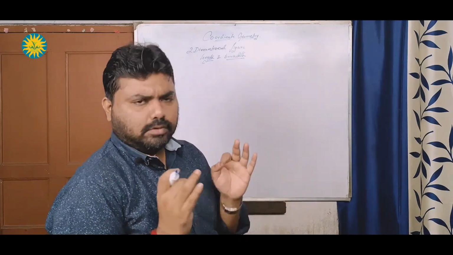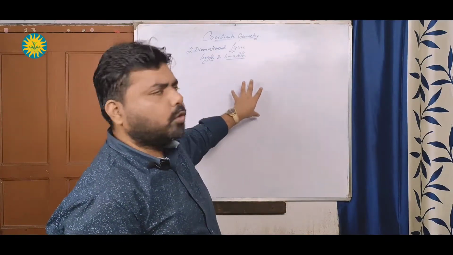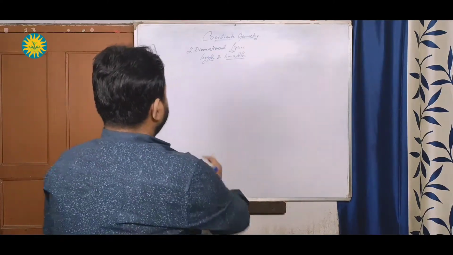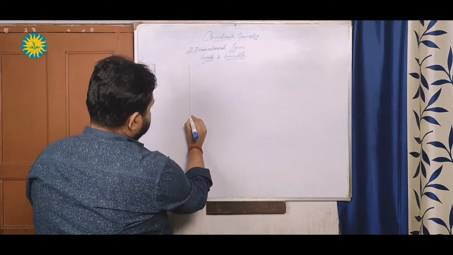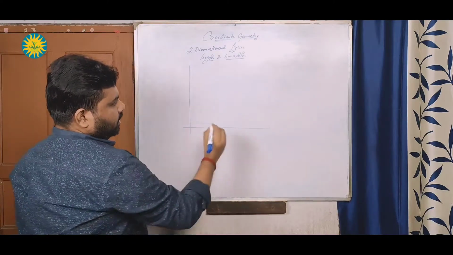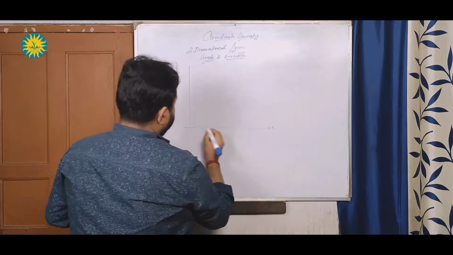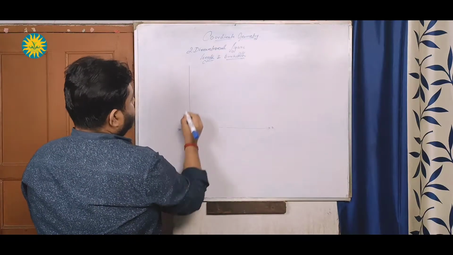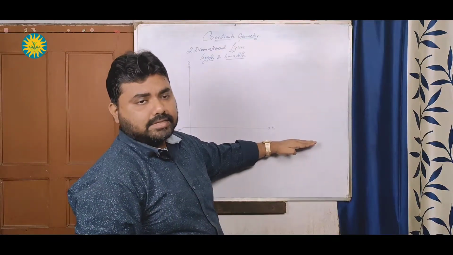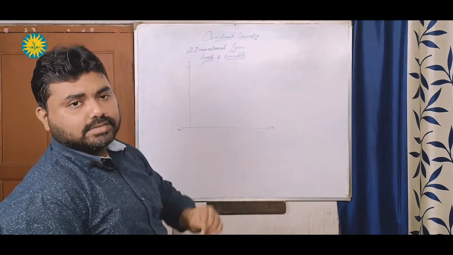Basically we will use graph paper to solve this coordinate geometry part. The horizontal line is known as the x-axis, while the vertical line is known as the y-axis.